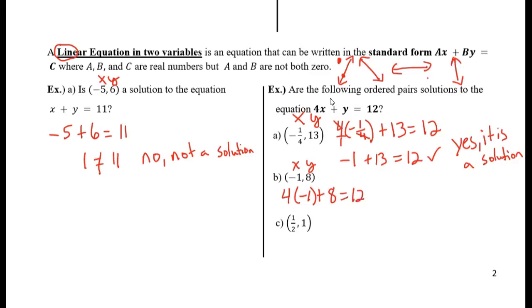So now I have 4 times -1, which will give me -4. I'll write this over here, plus 8. A +8 plus a -4 ends up +4, which does not equal 12. No, this is not a solution.